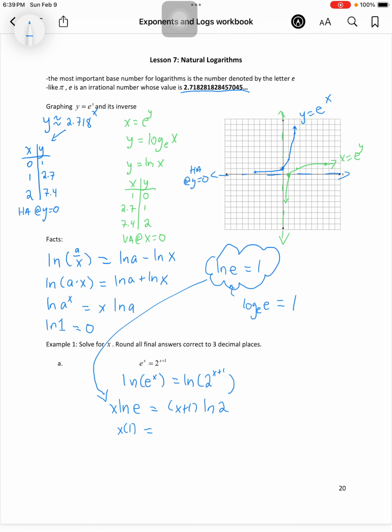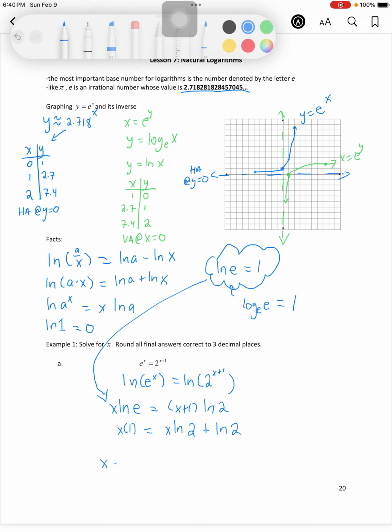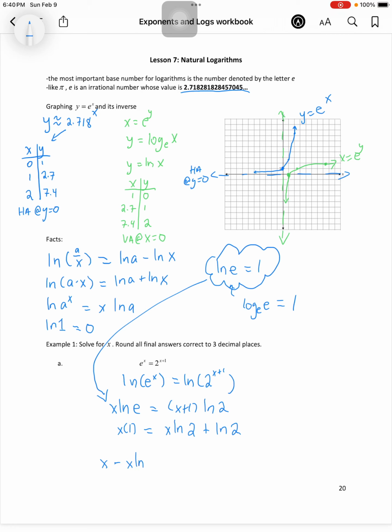And I'm just going to FOIL the right side here. So x ln 2 plus 1 ln 2, which is just a regular ln 2. Now I move all my x's to one side, to the left: x minus x ln 2 equals ln 2.